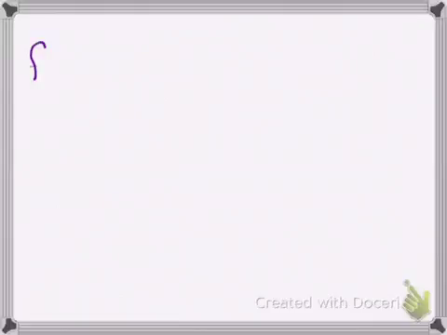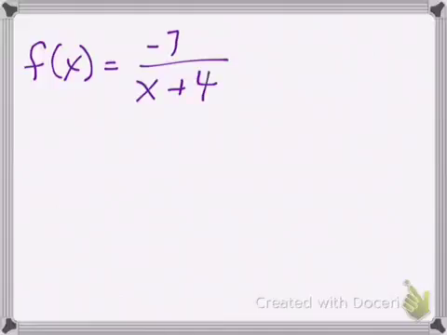F of x equals -7 over x plus 4 minus 3. Find the asymptotes for this expression. I can't even remember what it was at this point.